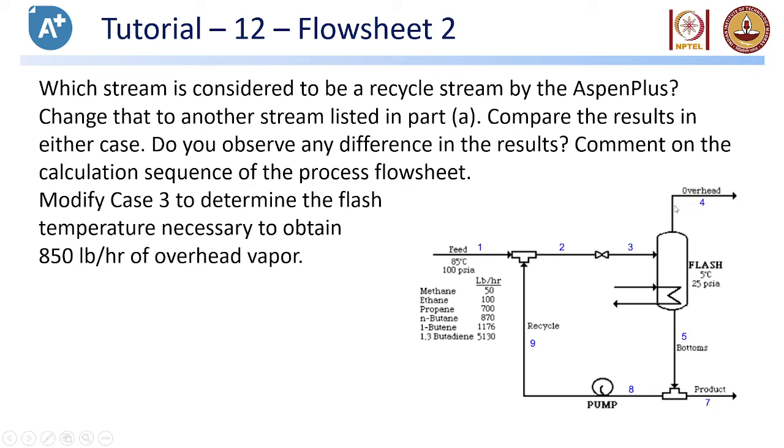So since some of you have asked for an example of a design spec, this question is framed. Okay. Vary the temperature of the flash such that the vapor flow rate is 850.